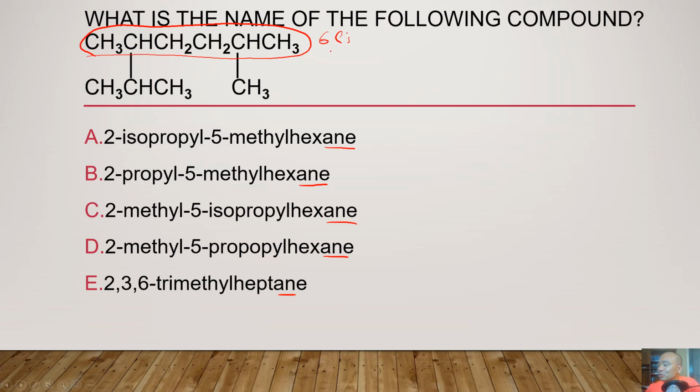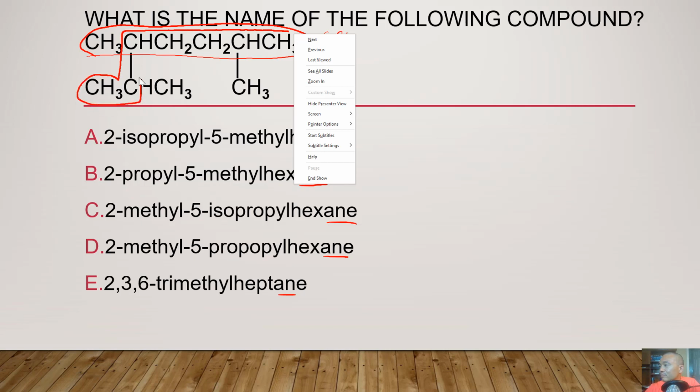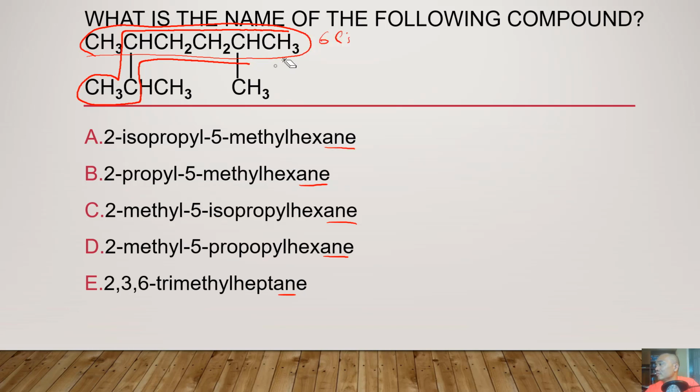Now I can actually draw the chain this way. You look at this one. Let's count how many carbons are inside that chain. 1, 2, 3, 4, 5, 6, 7.